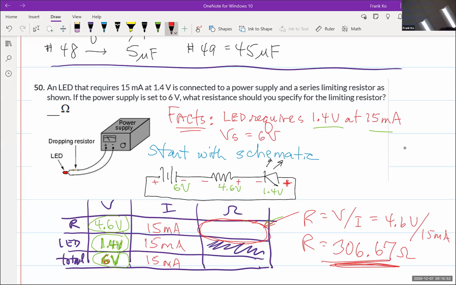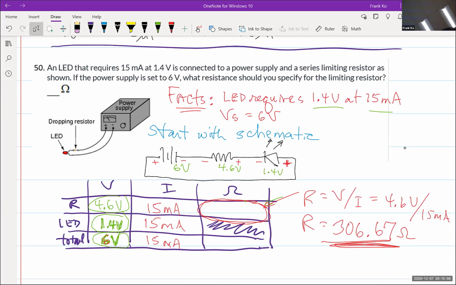Cool. All right. A number of people had asked questions regarding number 51 and 52. Were they the same? And I said in Discord that no, 51 and 52 are not the same. 51 asks for a calculation of the time constant, tau.